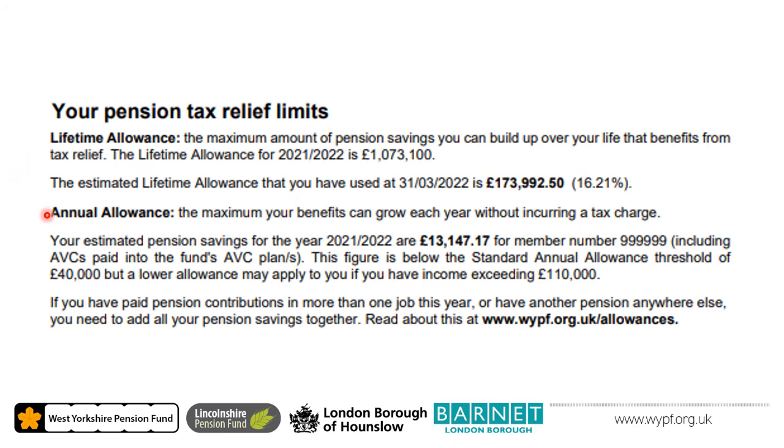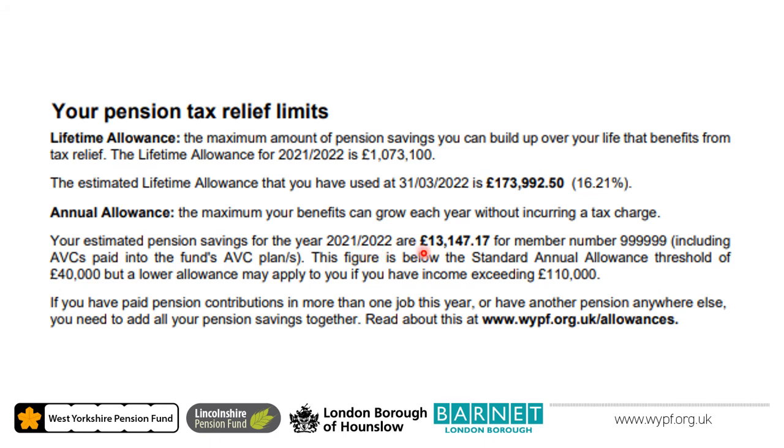There's also a maximum to which your pension benefits can grow each year. The figure below is the standard annual allowance threshold of £40,000, but a lower allowance may apply to yourself if your income exceeds £110,000.